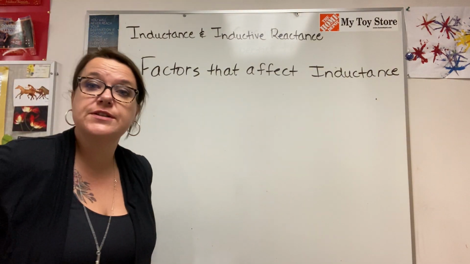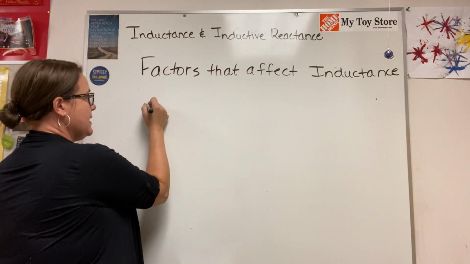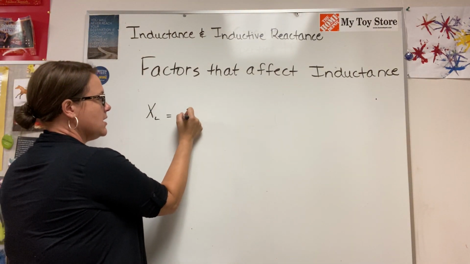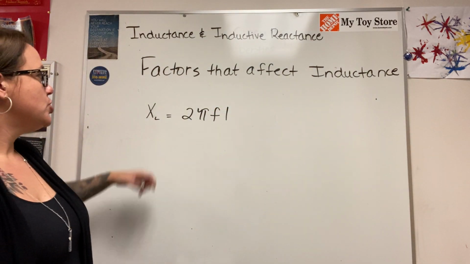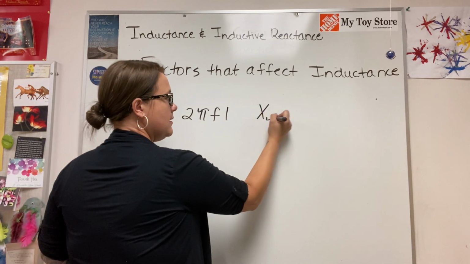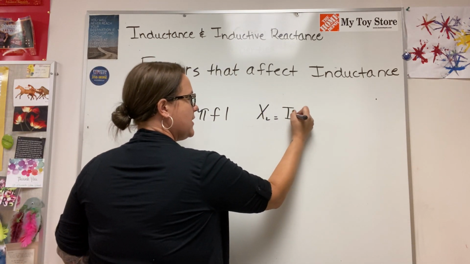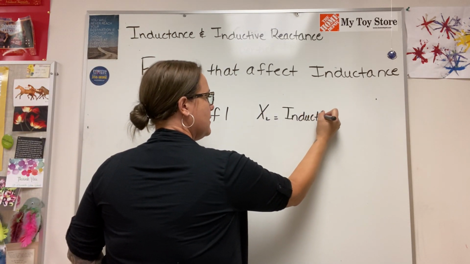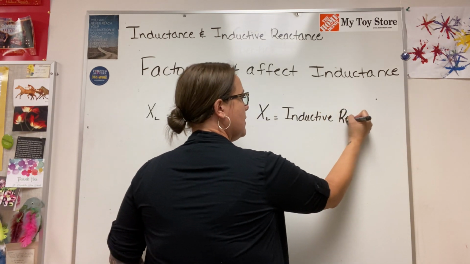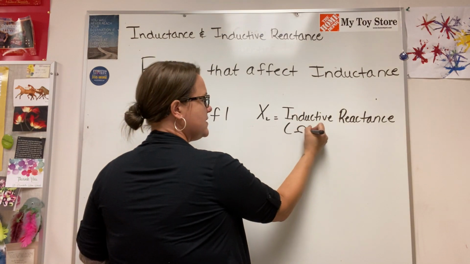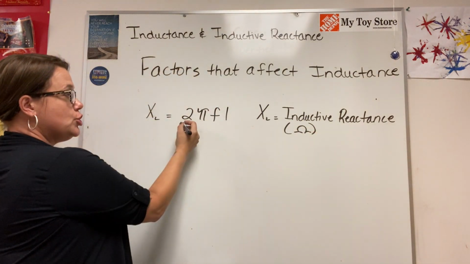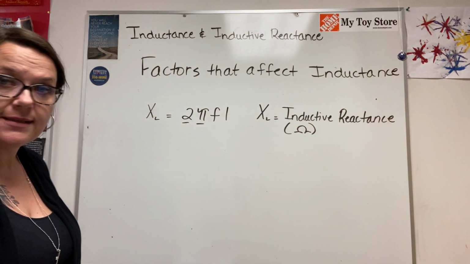The formula for inductive reactance is XL equals 2 pi F L. XL is inductive reactance, and that's measured in ohms. 2 and pi are constants.